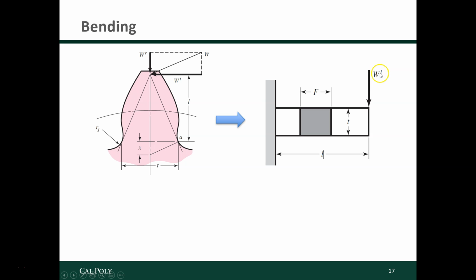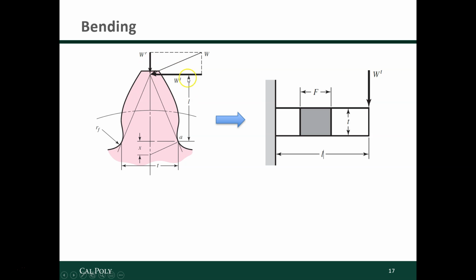WT is the tangential force, tangent to the pitch circle, that is acting on the tooth. We don't care too much about the axial load on the tooth straight down, which would be W superscript R, acting towards the left on this tooth. W is the resultant load from these two components.